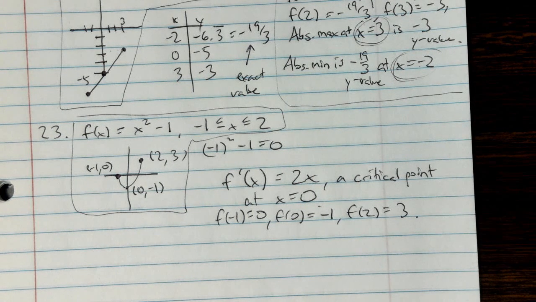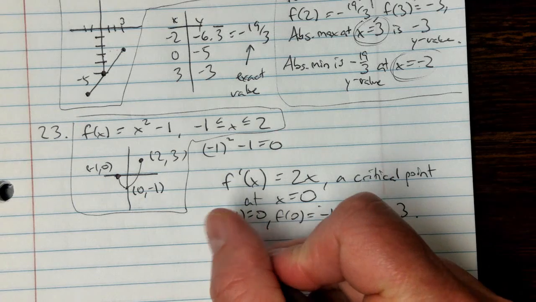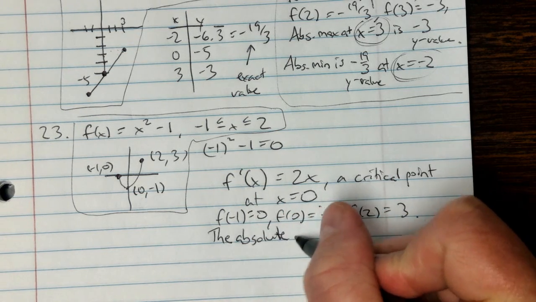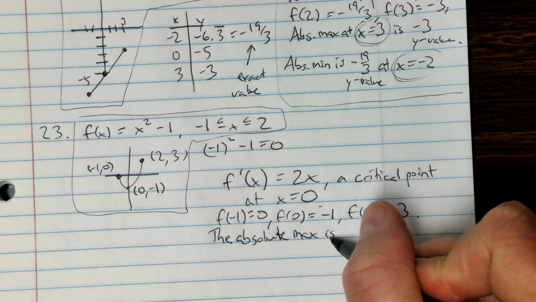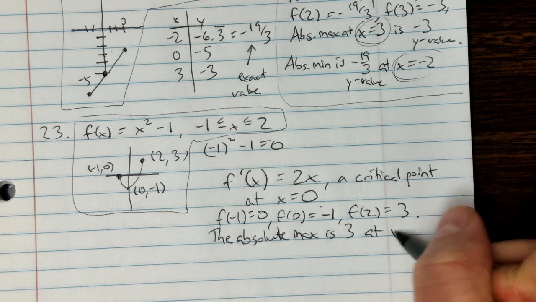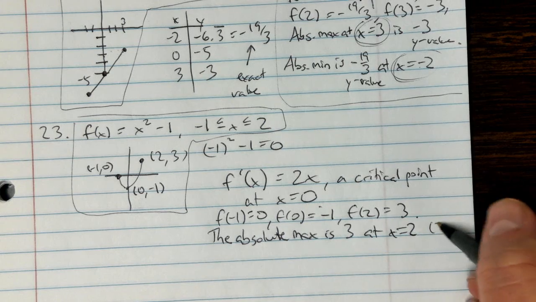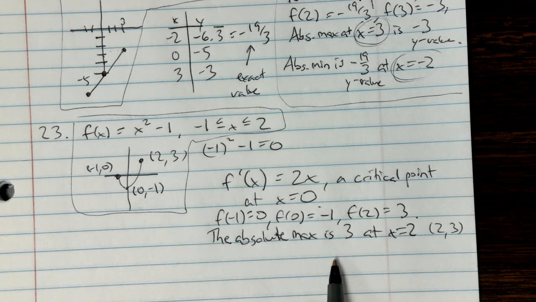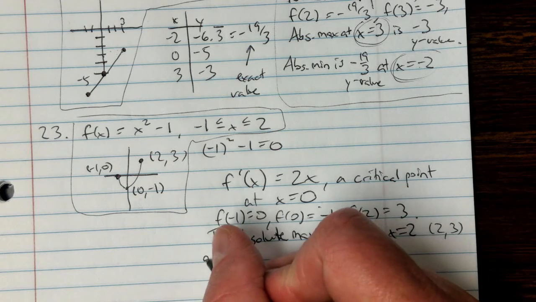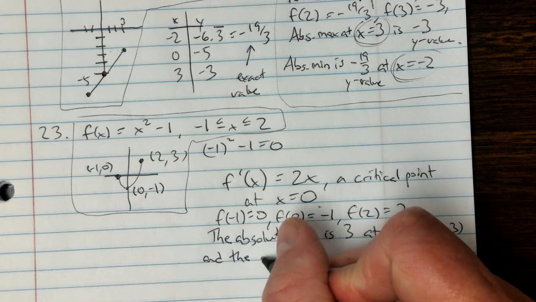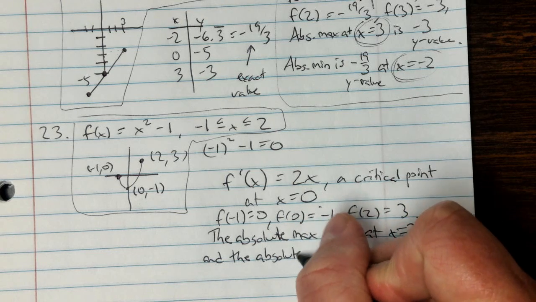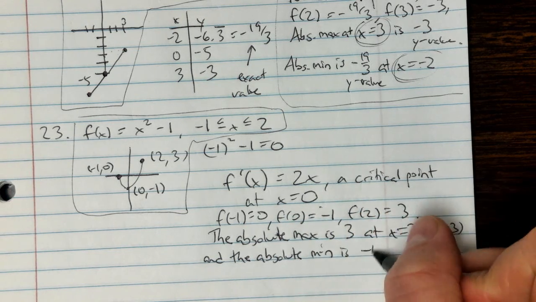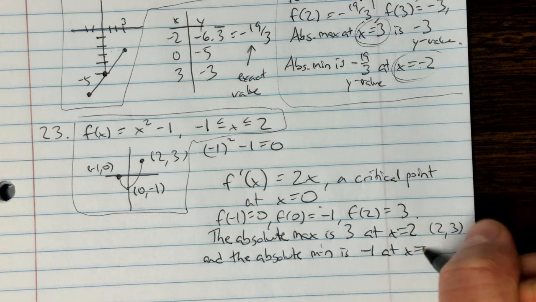And then we have the absolute max is 3 at x equal 2, which by the way means 2, 3, like we've said before, and the absolute min is negative 1 at x equals 0.